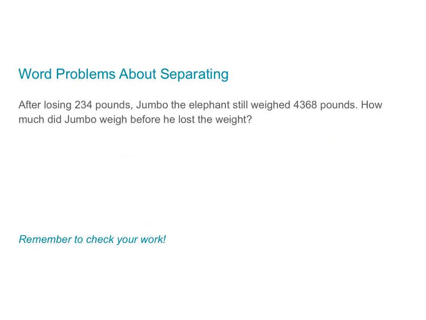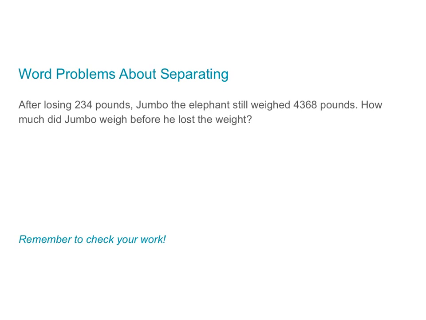Here's another one. Erase your whiteboards. After losing 234 pounds, Jumbo the elephant still weighed 4,368 pounds. How much did Jumbo weigh before he lost the weight? Okay, so think about that very, very carefully.